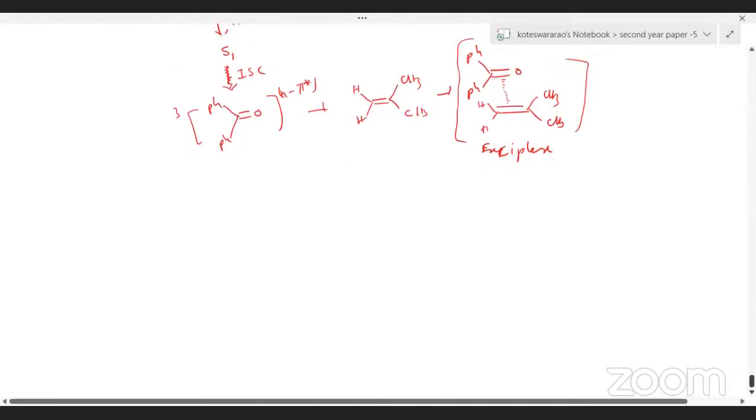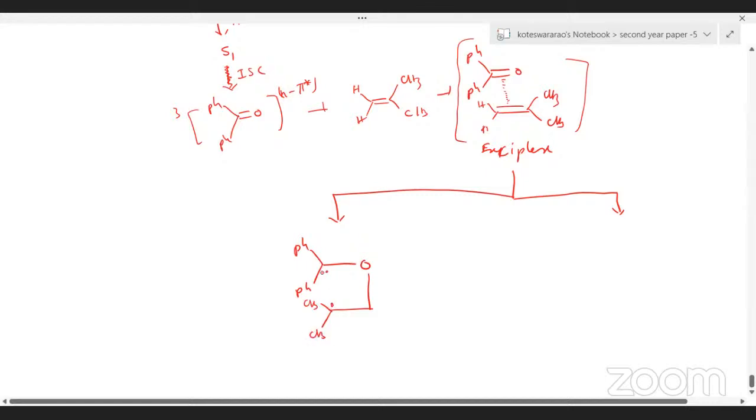Now, this leads to two kinds of biradical intermediates. It leads to the formation of two kinds of biradical intermediates. What are they? Look here: Ph, O, CH3, CH3.